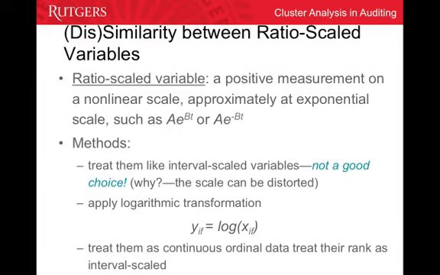But we could apply a logarithmic transformation to transfer the ratio scale data to ordinal data. And then we use the way that we treat ordinal data to transfer them to interval scale data, again, to calculate the dissimilarity between the exponential scale data.